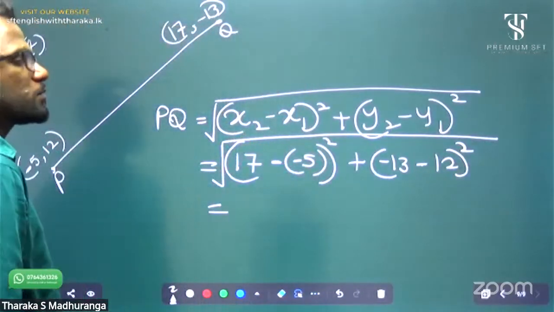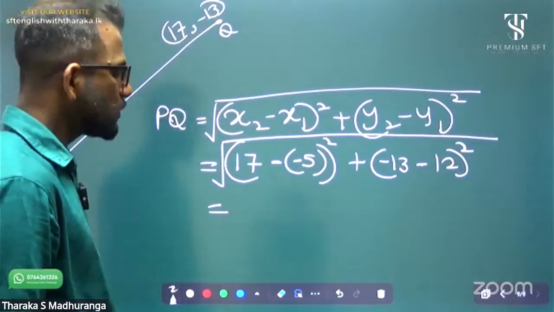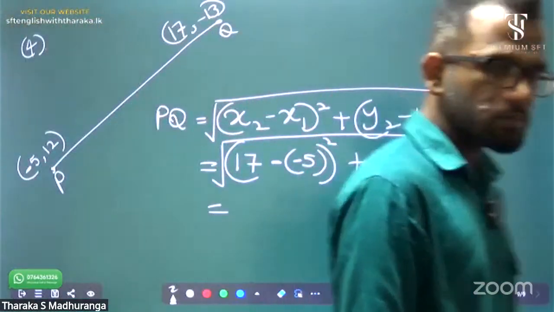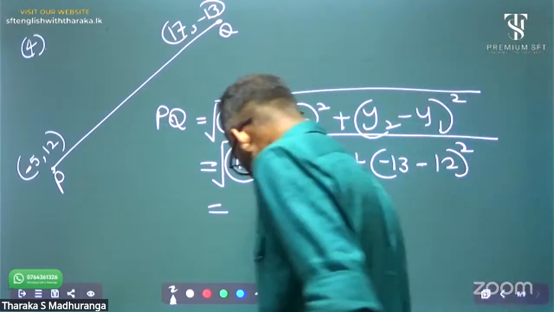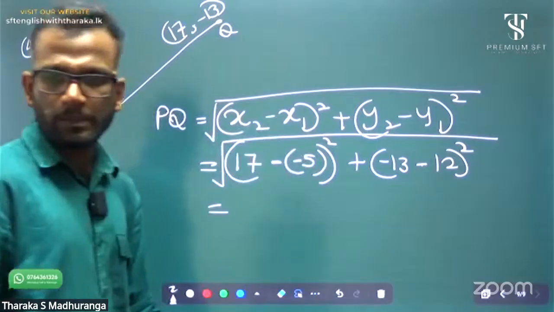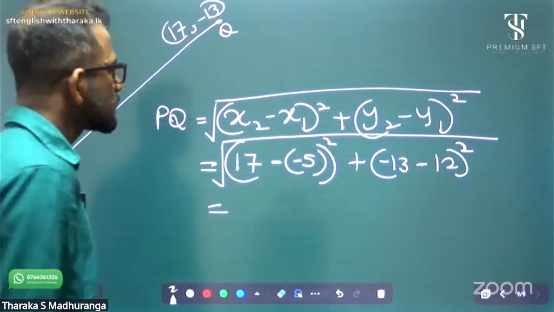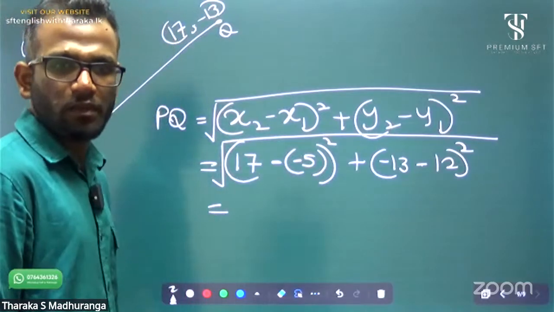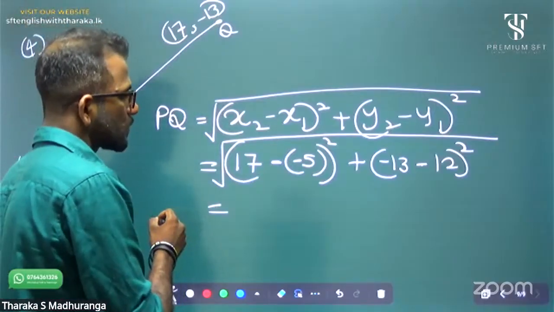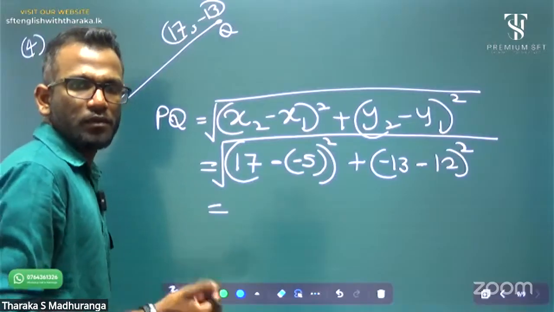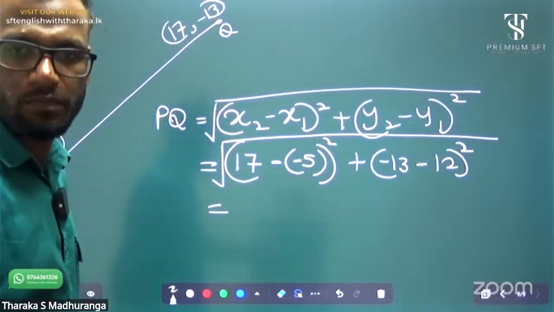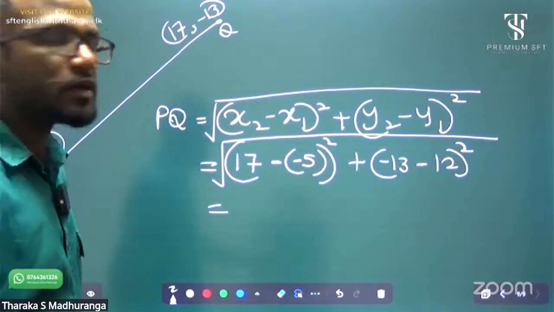17 minus minus 5 means 17 plus 5, 22. 22 squared is 484.